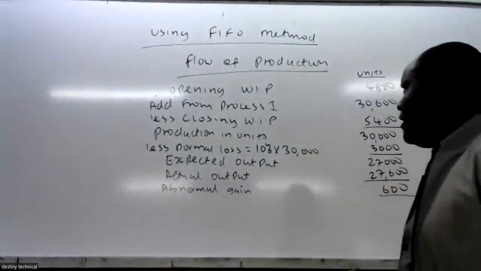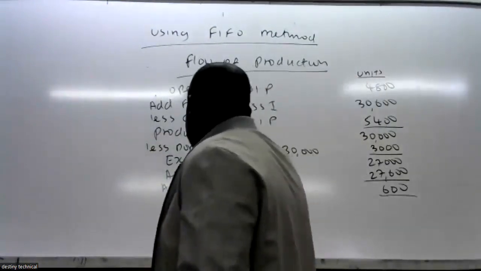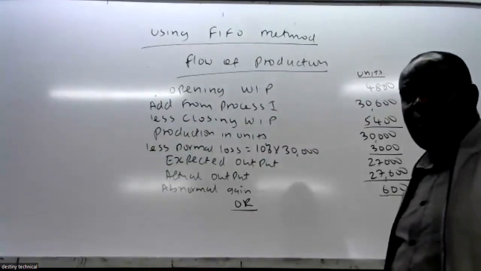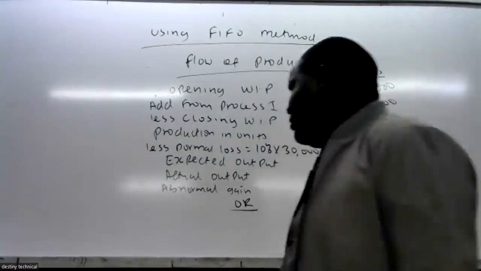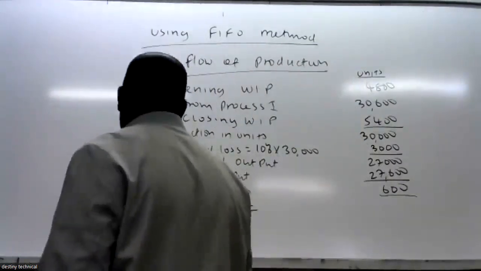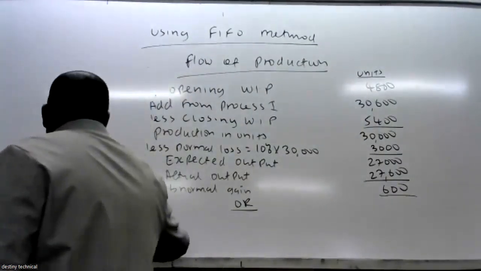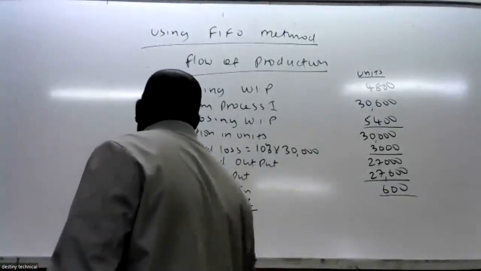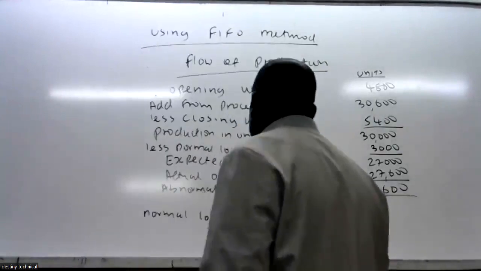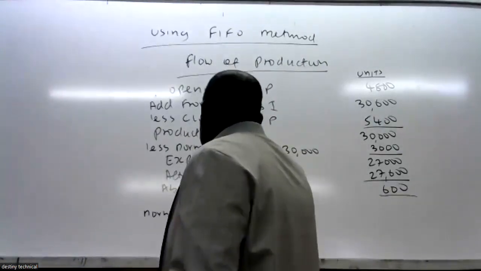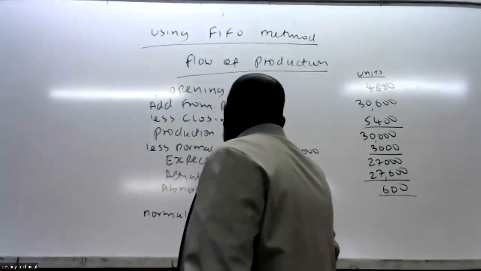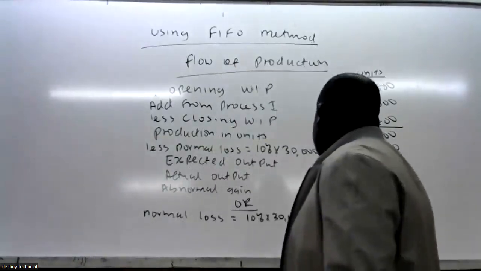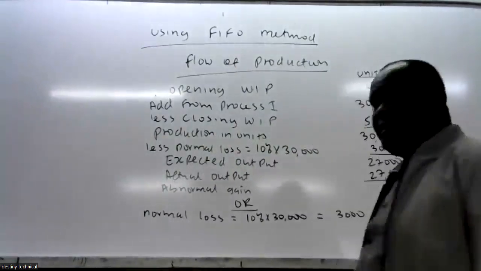Alternatively, to get the same result, you start with the normal loss. The normal loss, we have seen, is 10%, which gives you 3,000.